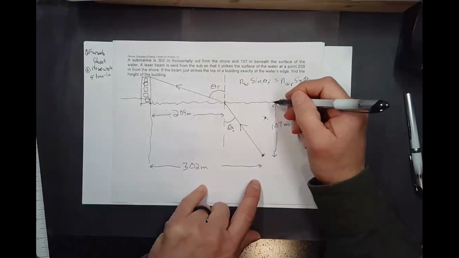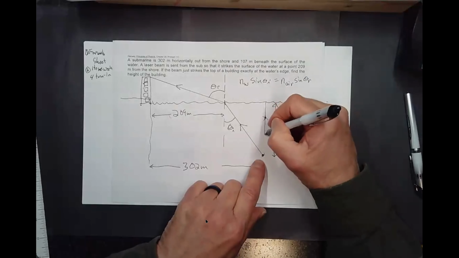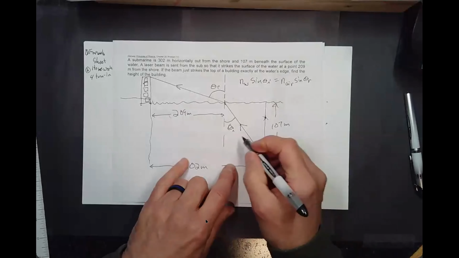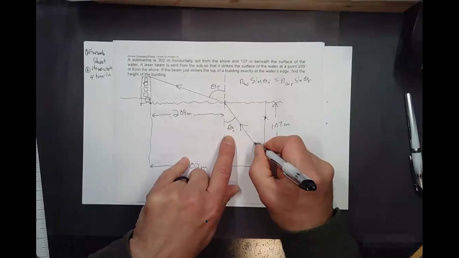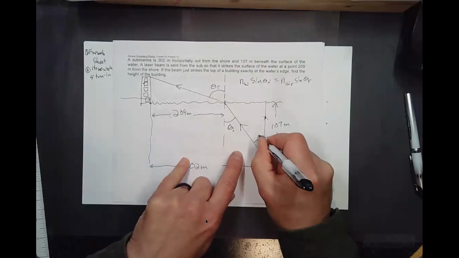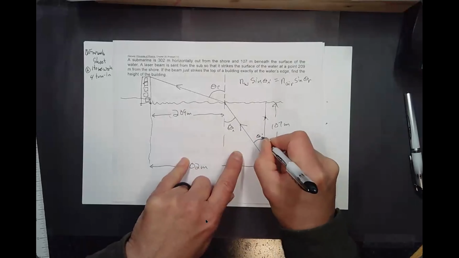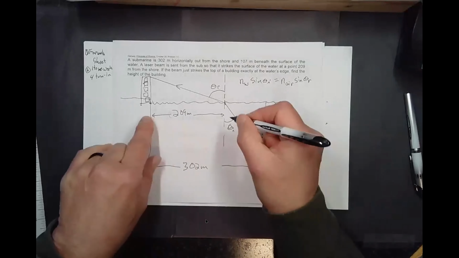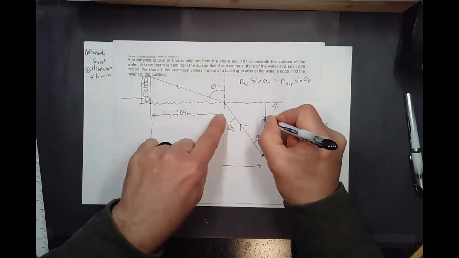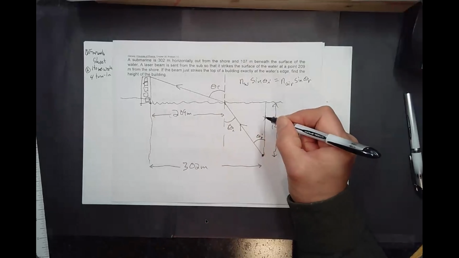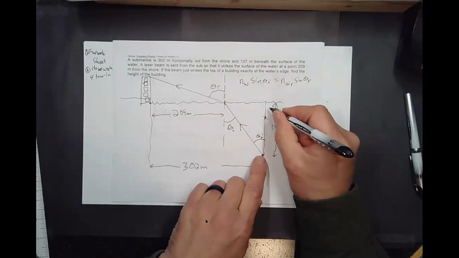One thing we don't know is this angle of incidence here, but it's the same as this angle here. And if this is 209 meters and this is 302 meters, and that's 107.